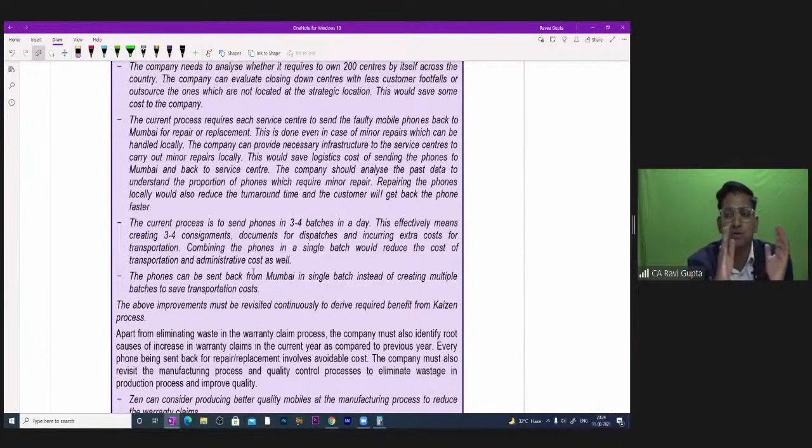By showing the cost of quality report, you can show that the company is now very serious. It has incurred prevention and appraisal cost, and that means it has increased its cost of quality to reduce its defective cost and its external failure cost. That means they've incurred cost of conformance to reduce or eliminate their cost of non-conformance.